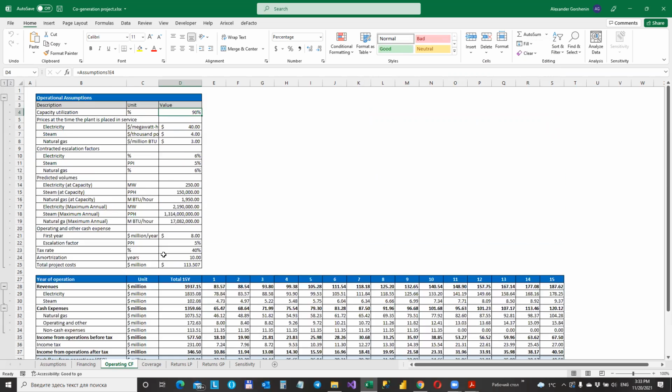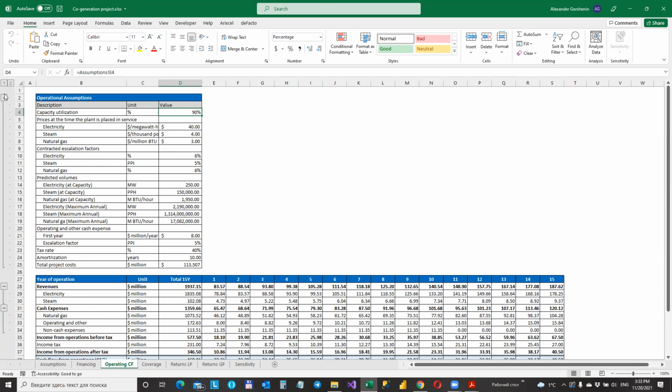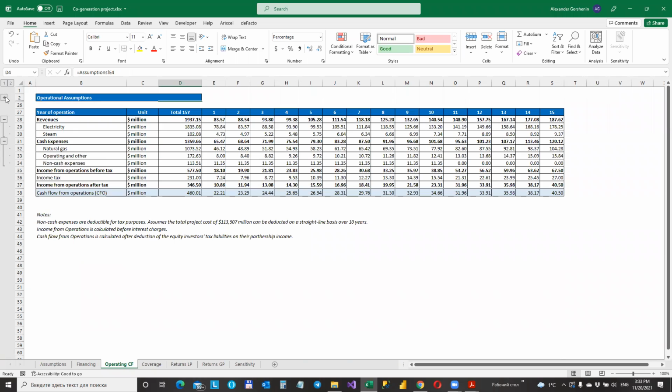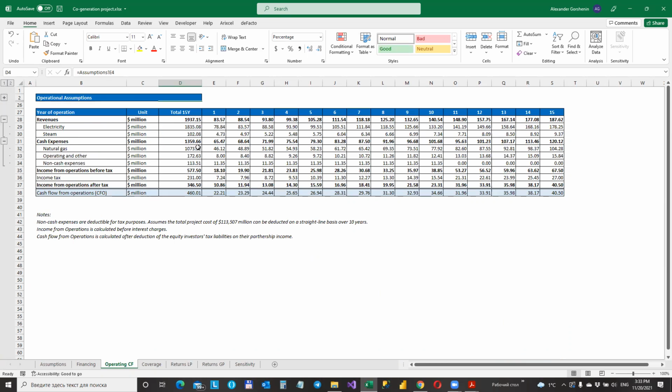Okay. For ease of usage, I repeat all the assumptions here on the same page, so it's easy for you to not go to the assumptions page, but just open these rows with the plus sign and see what are the assumptions that will affect this spreadsheet.